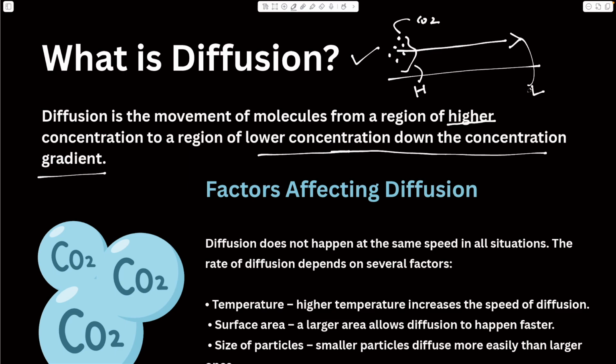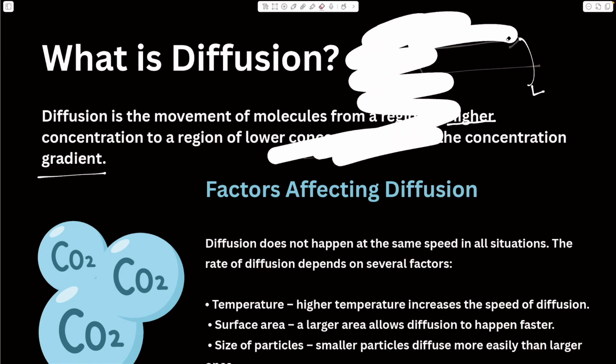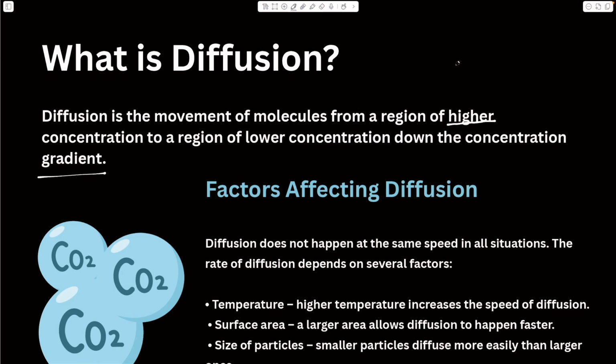Everything is made up of atoms, right? These atoms move randomly. These particles move randomly, and their direction is only changed when they bump into another molecule or surface. Let me explain very simply.